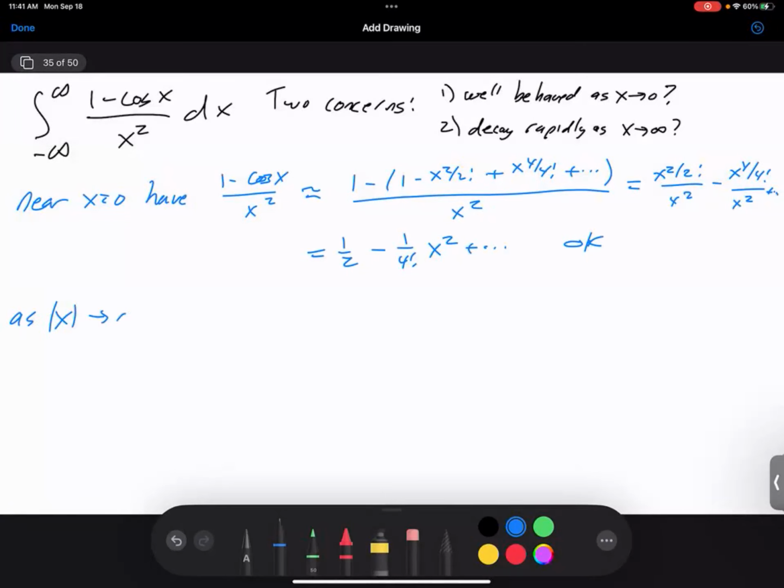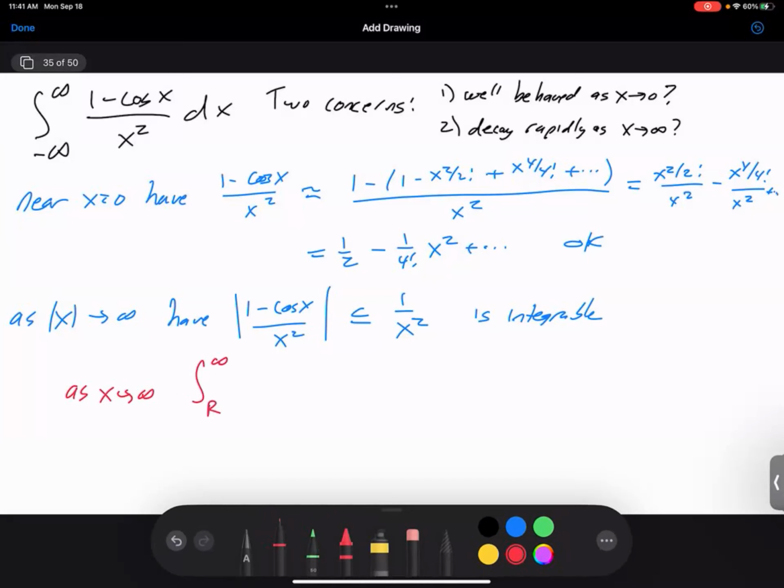As the absolute value of x goes to infinity, (1 minus cosine x) over x squared in absolute value is at most 1 over x squared, and this is integrable. It decays fast enough so that it is integrable. So as x goes to infinity, the integral from, say, r to infinity of x to the minus p dx is finite if p is greater than what?